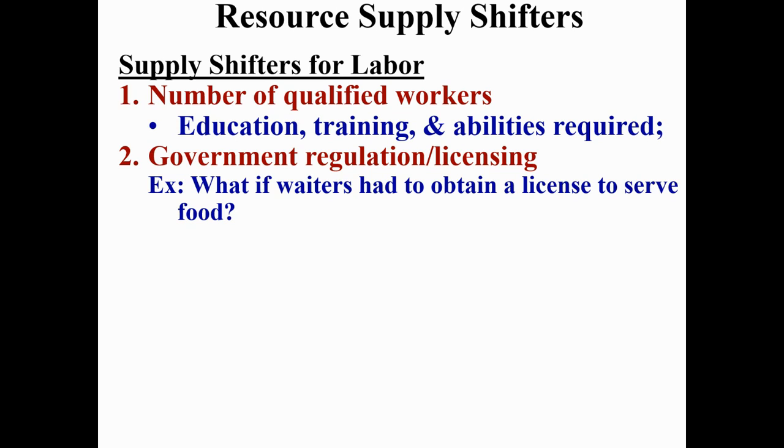Because remember, let's say that now the government decided that waiters have to obtain a license to serve food, and to get this license it takes 8 years. What would happen to the supply of waiters? Right now it's amazing, right? Everybody can apply to be a waiter.